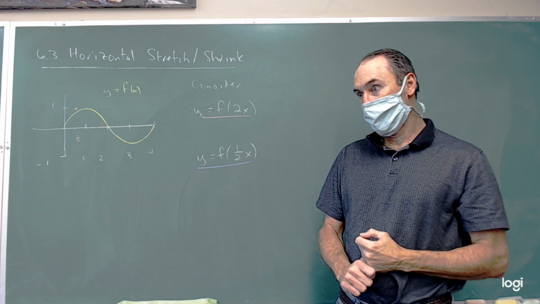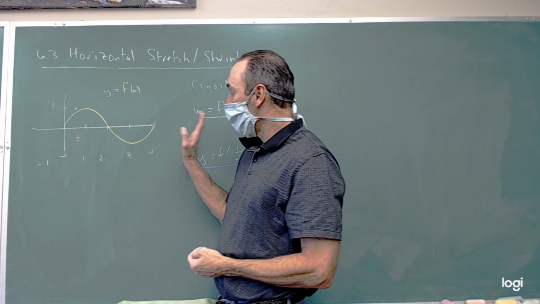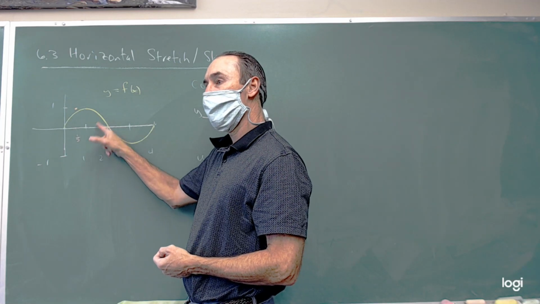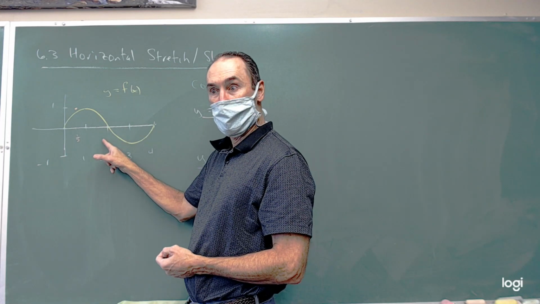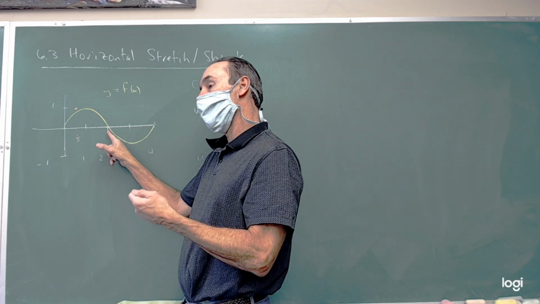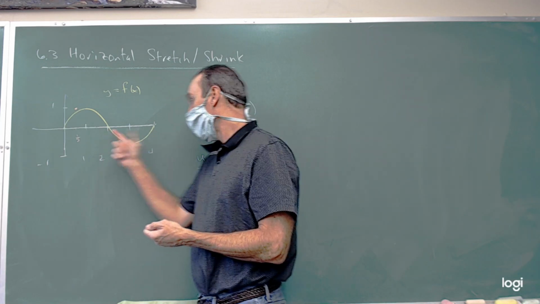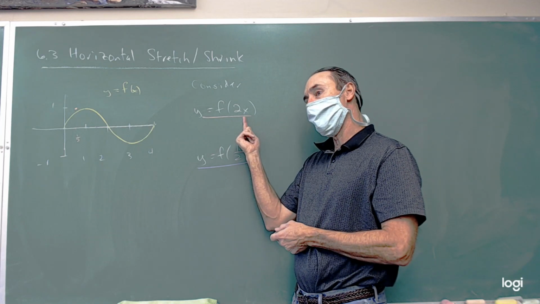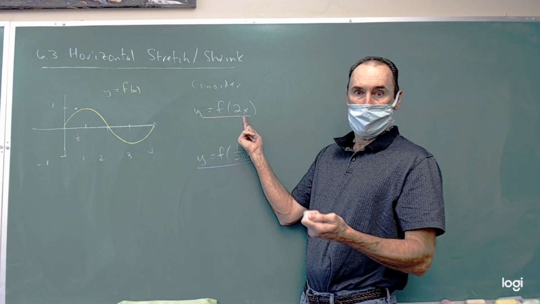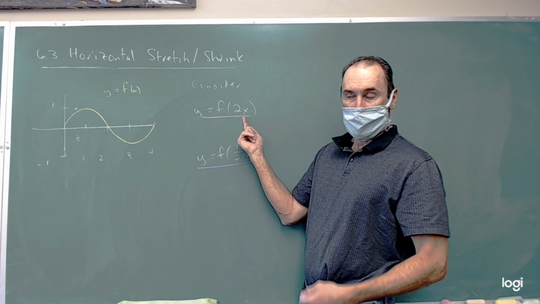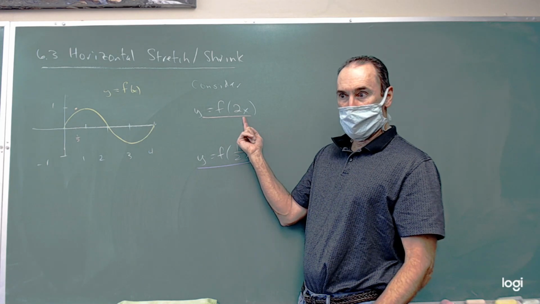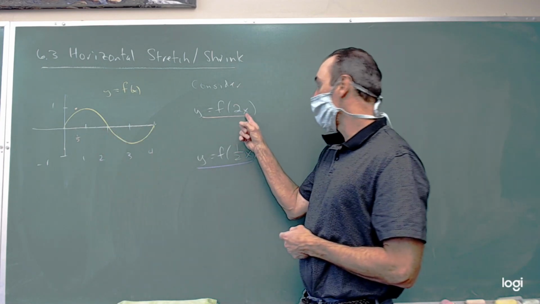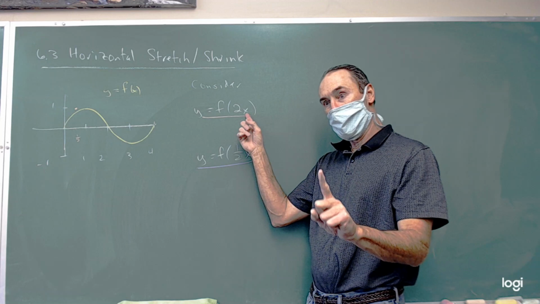With me there? Now we know that in the original yellow function, when we plug in 2 for x, f of 2 is 0. So to evaluate f of 2 in this function, we need to choose an x value of 1.